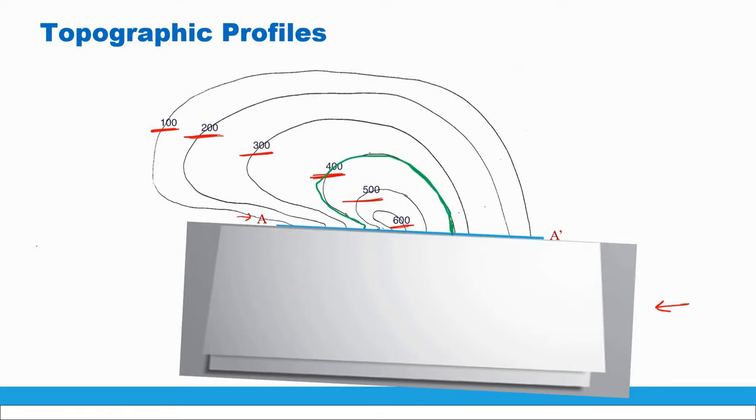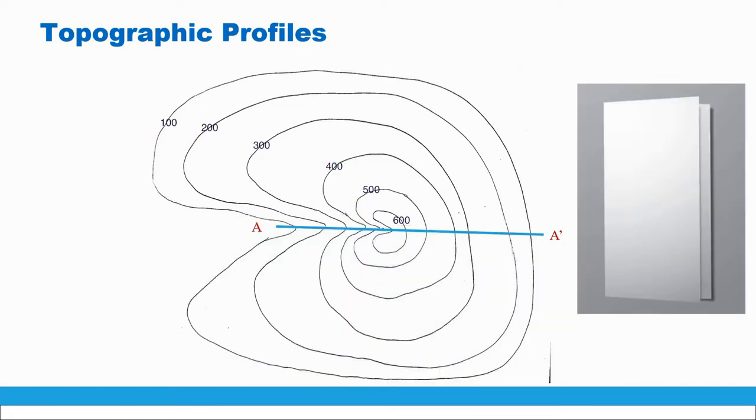So this is a whole line. Here in this case we have a contour line like this. All the points on this line have the elevation of 600. For this one, all the points have the elevation of 500, and so on.